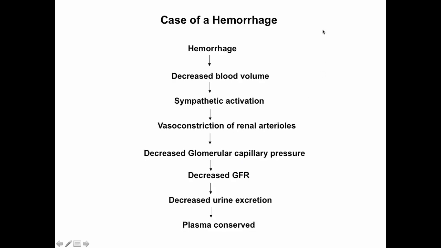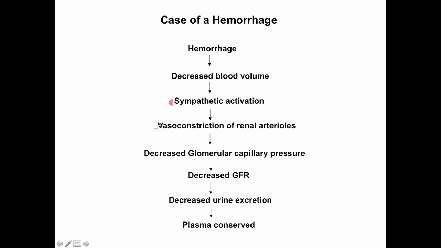An example of an activation of this extrinsic control is in the case of blood loss or hemorrhage. In the case of hemorrhage, we have a decrease in blood volume, which causes a drop in blood pressure. That causes the body to activate the sympathetic nervous system.